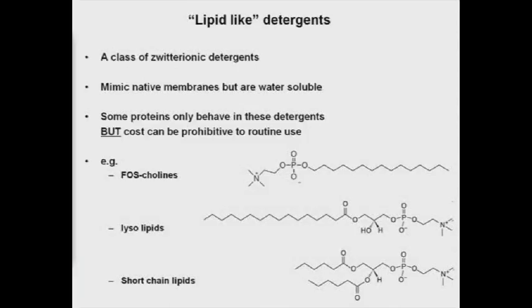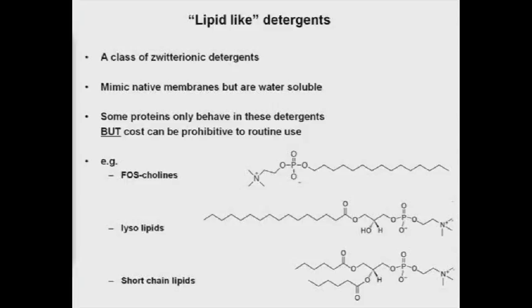And the final class of detergents, which is a subclass, I guess, of the zwitterionic detergents, are these lipid-like detergents. There's a few different examples now of lipid-like detergents. We have things like the fos-cholines, which many of you may have heard of. These are detergents for which a lot of proteins that previously weren't really happy in the standard sort of detergents you screen.